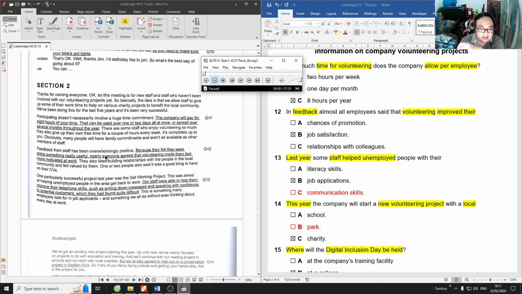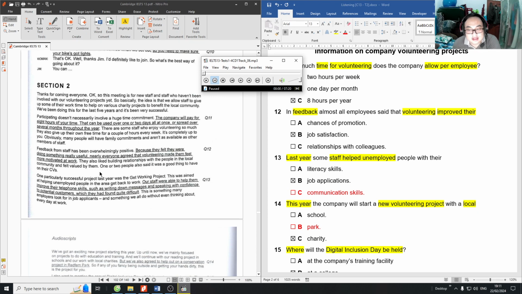I got deceived by the phrase "get back to work". Here you can see a sentence that says this was aimed at helping unemployed people in the area get back to work. I thought this sentence meant the unemployed people could get back to work because of the help of the staff, so they got job application help, but actually not.